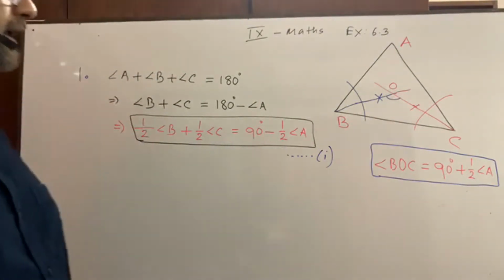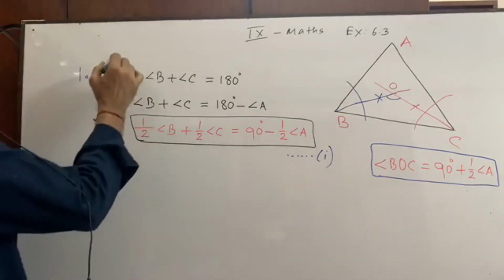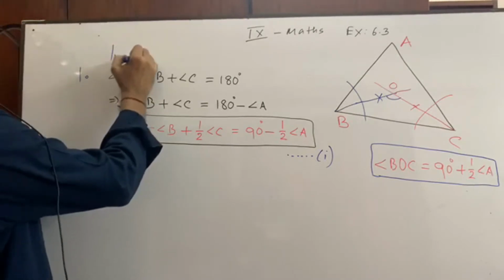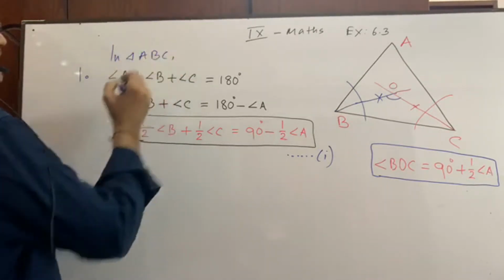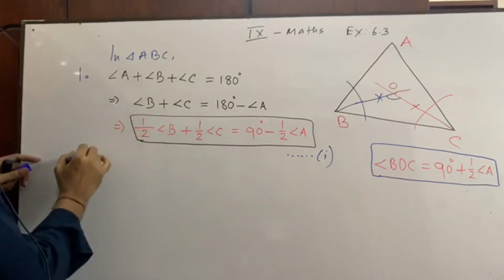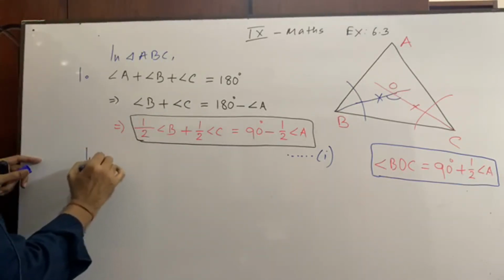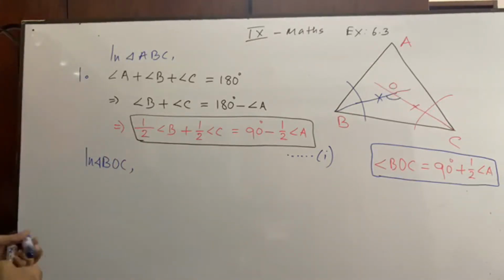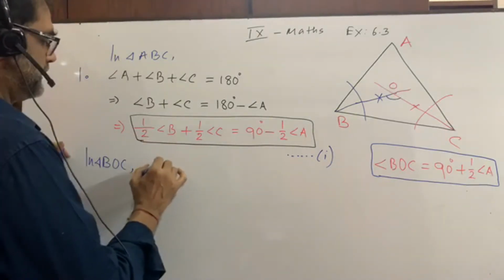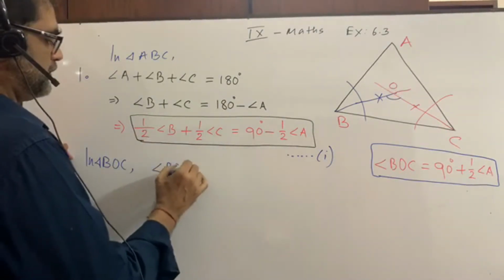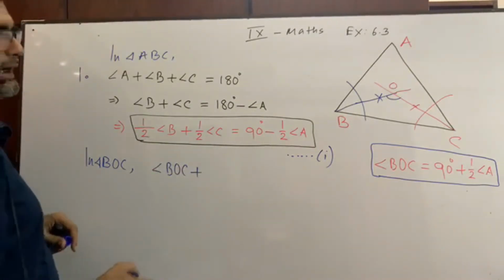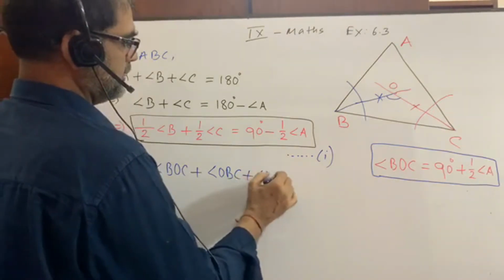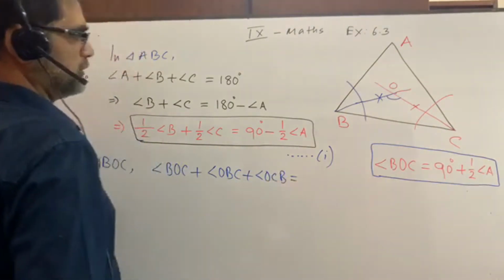Similarly, that was for triangle ABC. Now, if we consider triangle BOC, we can write here angle BOC plus angle OBC plus angle OCB is equal to what?